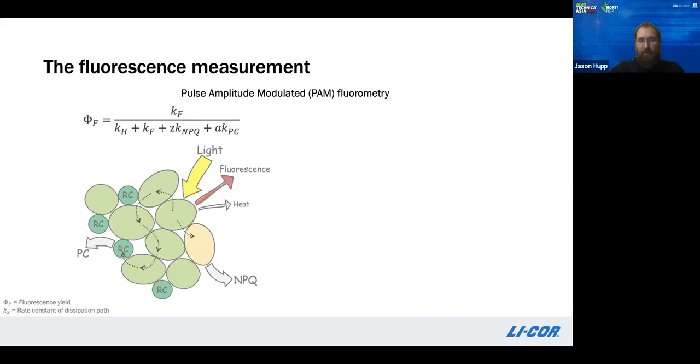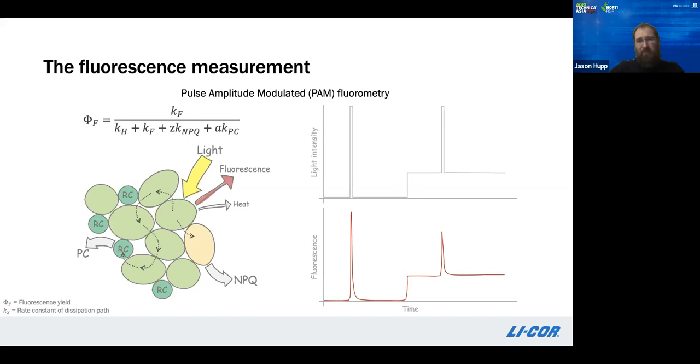So we start here, and then the technique of PAM fluorometry is just predicated on using different types of light to drive the leaf into different physiological states where one or more of these rate constants is constrained because of the state of their multiplier.